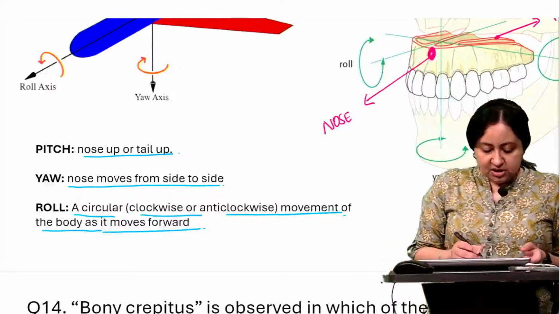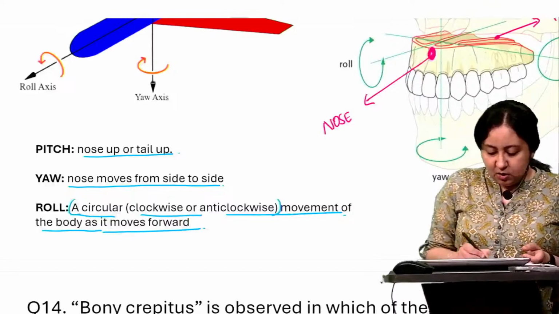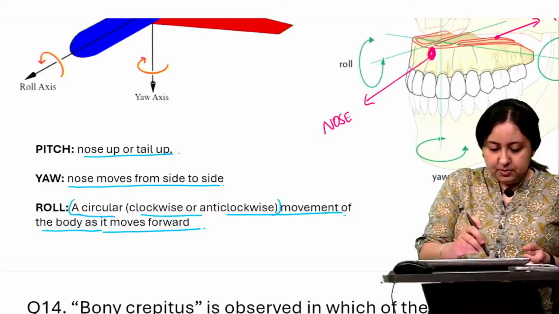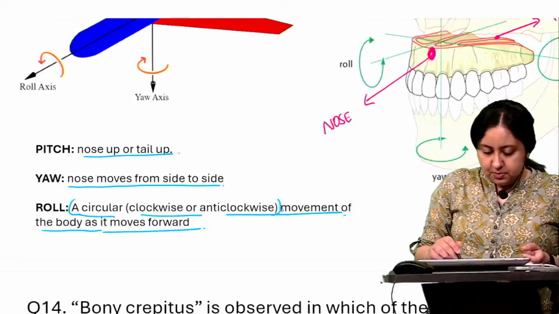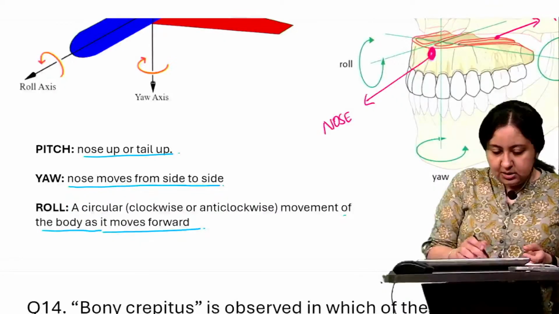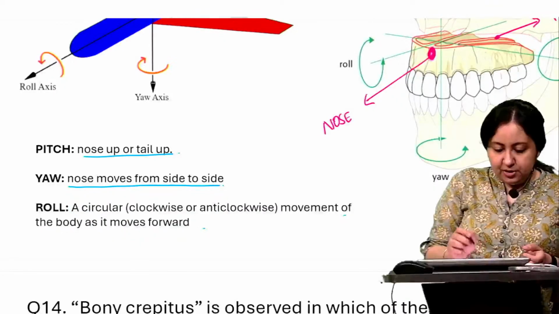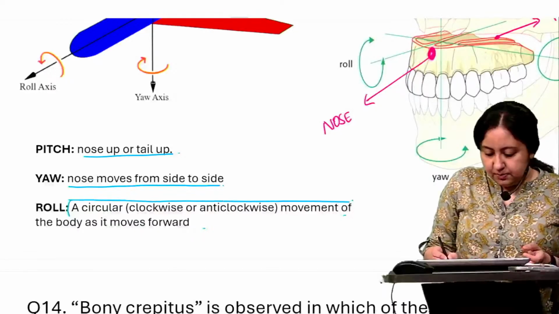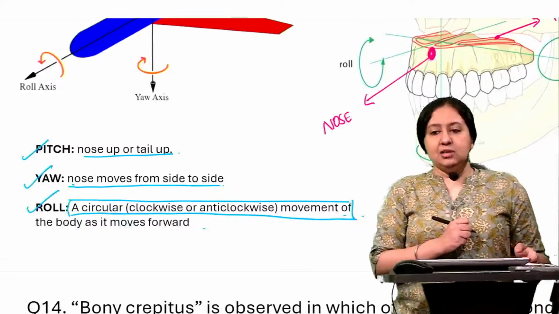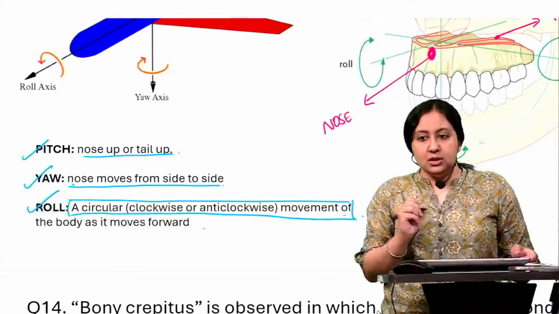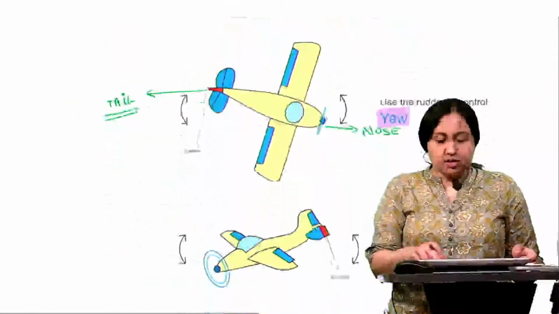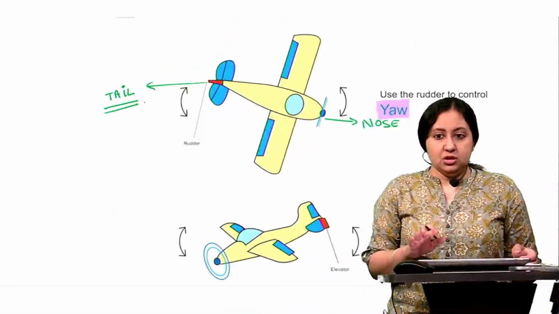Just remember a circular clockwise or anti-clockwise movement, just this much for roll. Just remember these three lines and these pictures, more than sufficient.